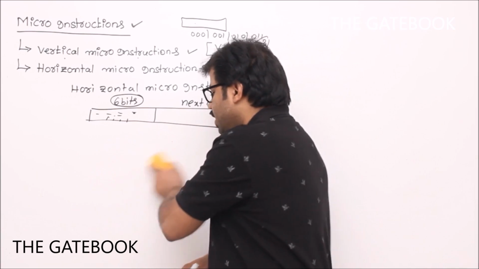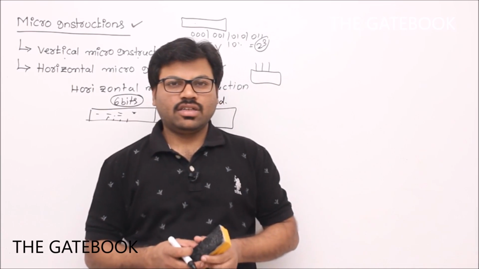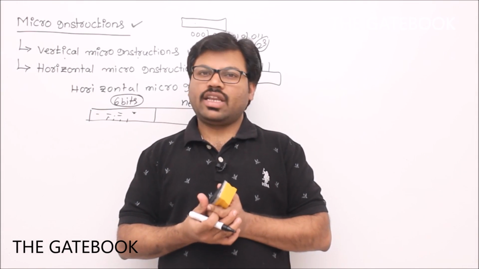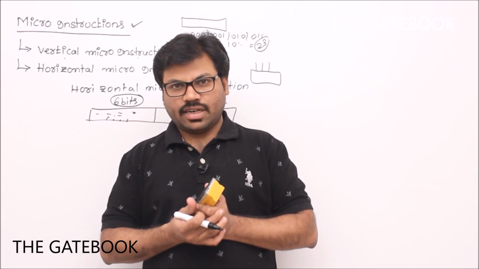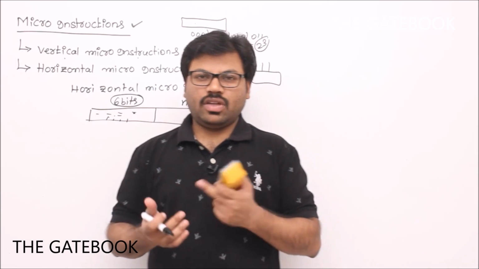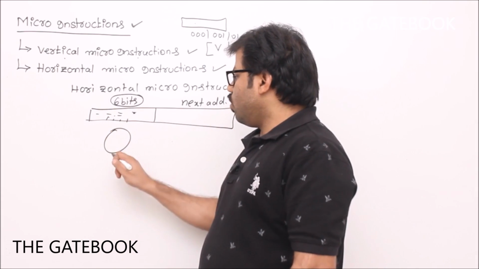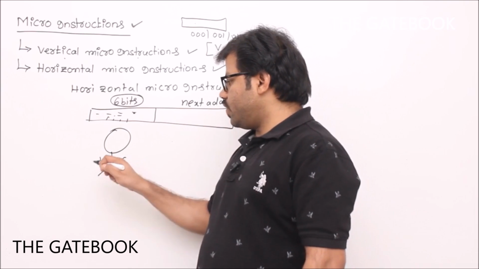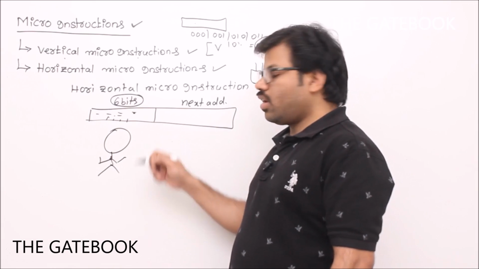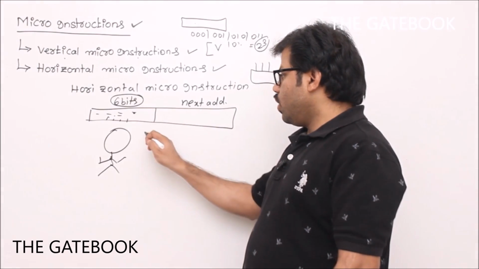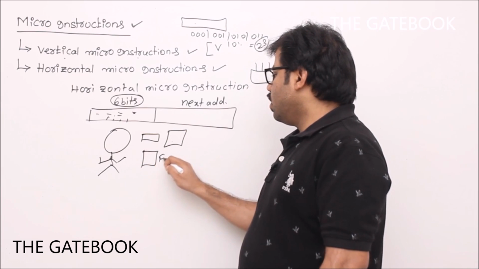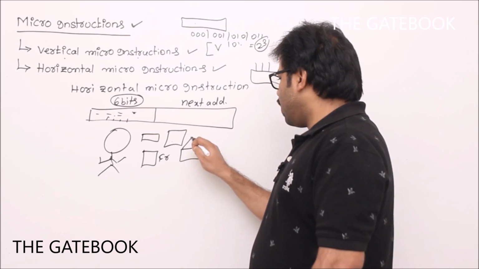But generally it is not the case. Generally what is the case? Though you have a lot of control signals, we don't really require everything at a time. Understand? I can relate it to your daily activity also. In your life, maybe you have a lot of devices: phone, TV, fridge, laptop.